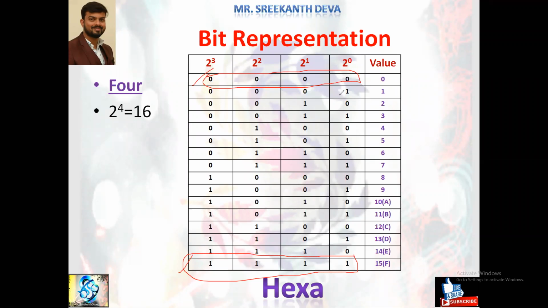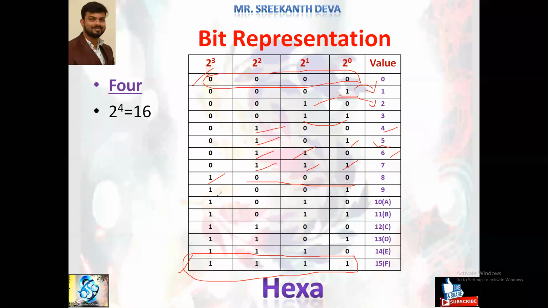The value, observe here, is the decimal value converted from binary to decimal. 1, 2, 2 plus 1 is 3. This is about what? 4. Next 5: 4 plus 1, the value becomes 5. Next 6: 4 plus 2, 6. Next 7: 4 plus 2 plus 1, 7. 8: 2 to the power of 3 means 8, remaining all zeros.